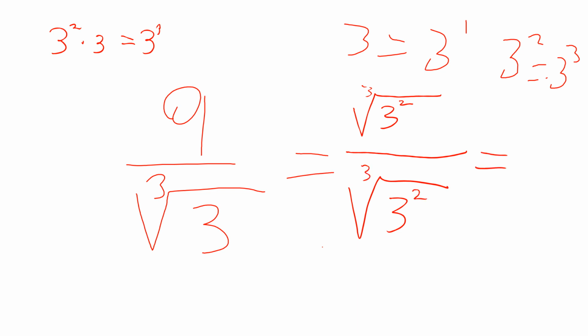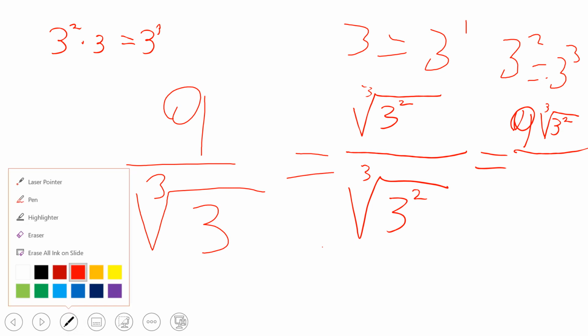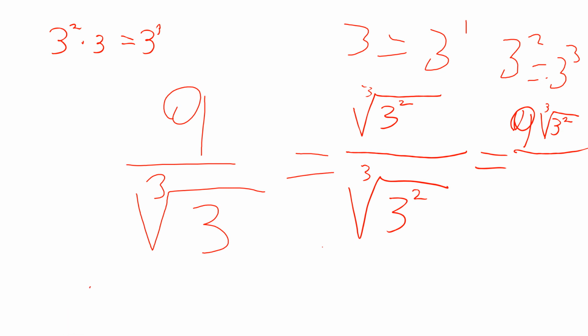And now, on top we have 9 times the cube root of 3 squared. On bottom we have the cube root of 3 cubed.